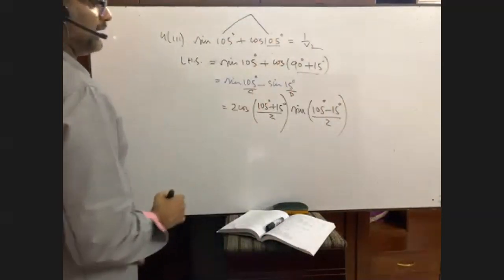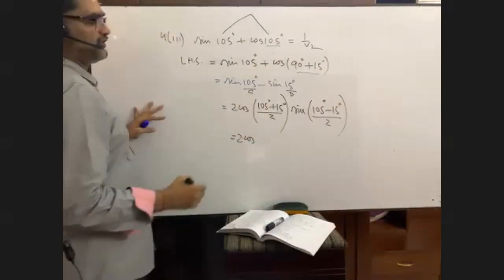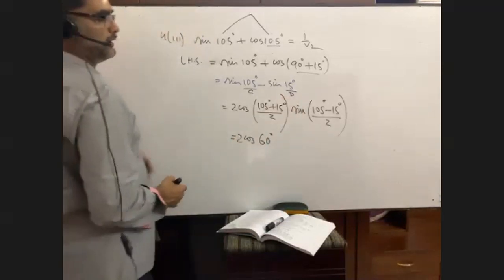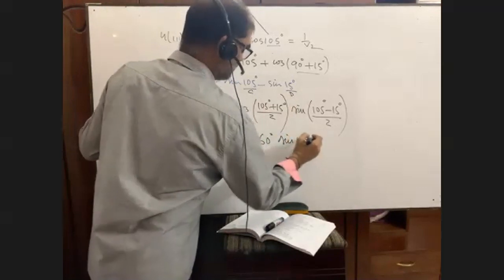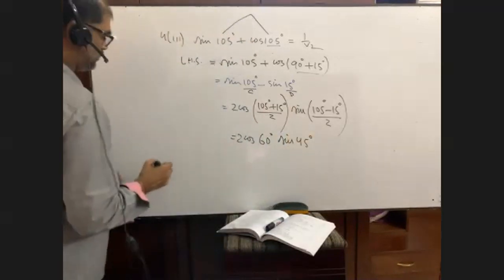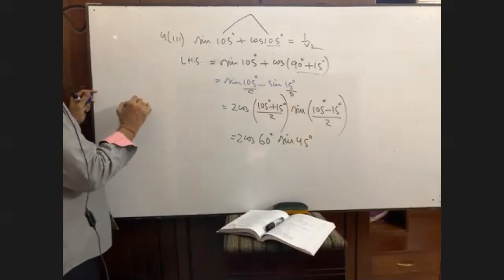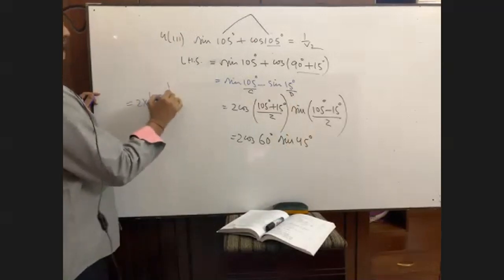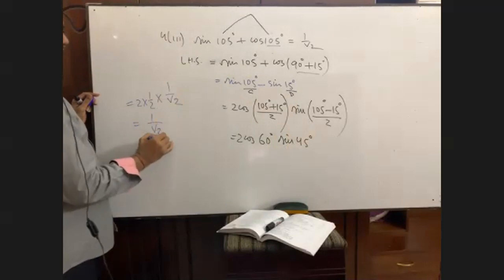Okay, now what do we get? 2 cosine 60 degree, and here we are getting sin 45 degree. Now put the value. What is the value of cos 60? Cosine 60 equals what? Half. That's good. 2 into half, and sine 45 is 1 by root 2. Then the answer equals the right hand side.